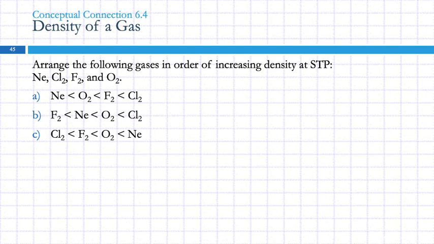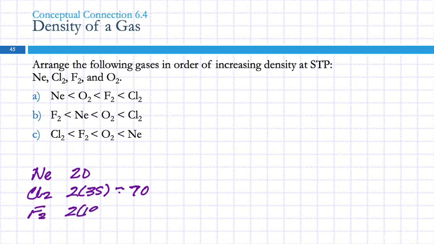Well, it might be helpful to actually just write the numbers down instead of trying to keep them in our heads, right? So neon was 20, chlorine was 2 times 35, so about 70. Fluorine was 2 times 19, so about 38.